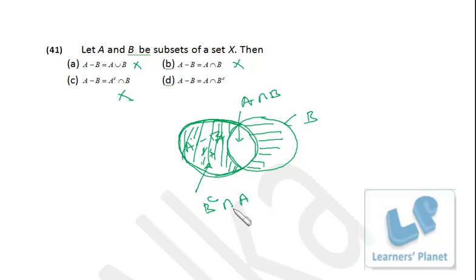So it's B complement intersection A. See, this area is B complement, and this is only A minus B. From B complement, if we take the common between this complete A and B complement, then we'll be getting A minus B. So this is correct. Okay.